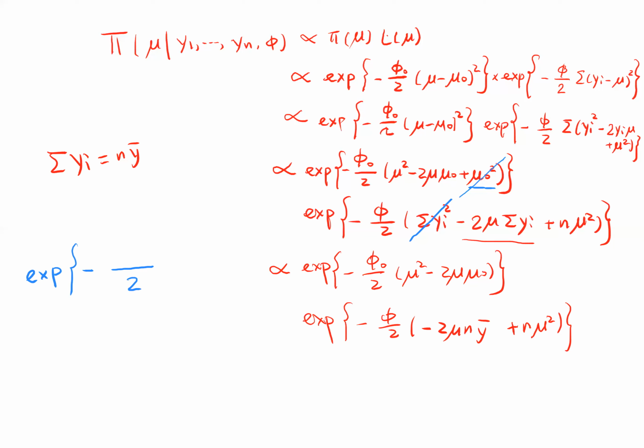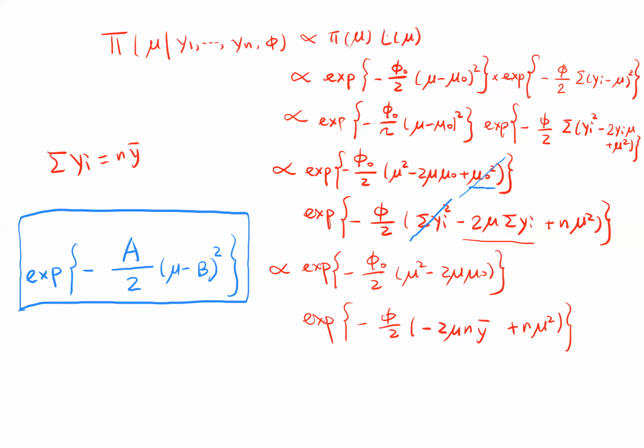I'm just gonna use capital A here, and then mu minus capital B squared. This is what we call a kernel of a particular distribution. If you can recognize what A is and what B is, you have to rearrange terms, of course, but the A will become the precision, and B will become the mean.